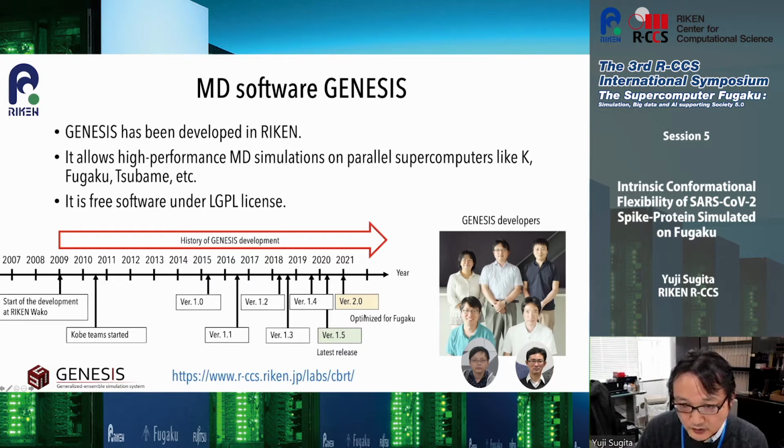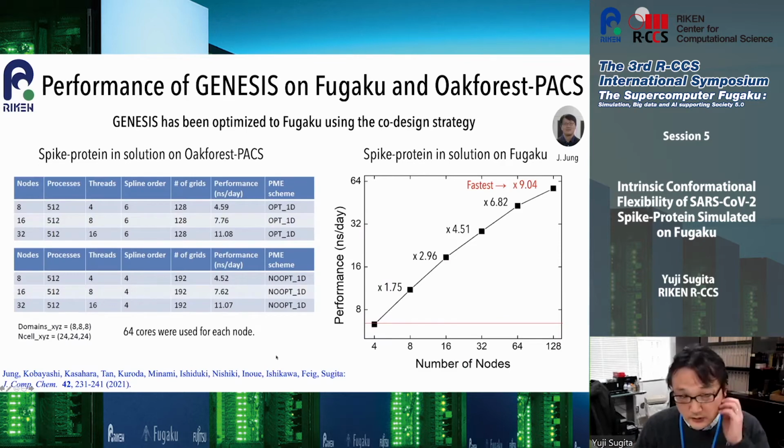This 2.0, this is a mistake. The latest version is 1.6. 1.6 and 2.0 beta are distributed from this website. In this figure, we show the performance of Genesis on Fugaku and Oakforest-PACS.